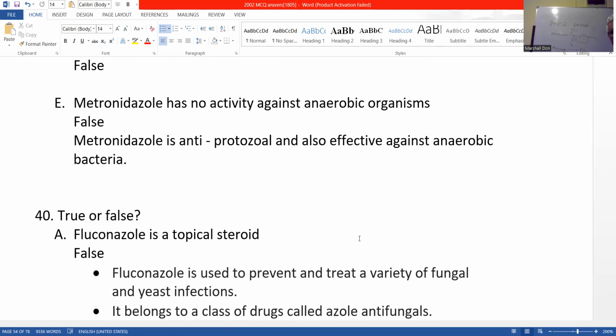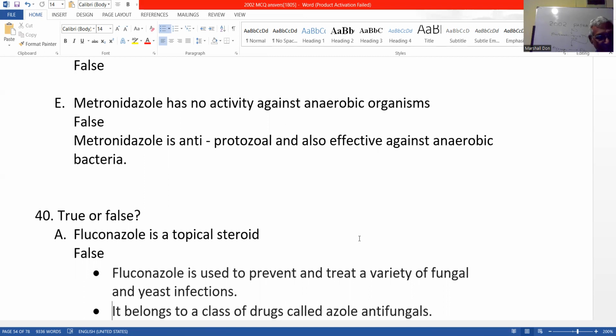And also, the other one is anaerobic bacteria. Now, there are two kinds of bacteria, actually three kinds. One is aerobic, they need oxygen to grow. Then another group of bacteria, they are called strict anaerobes. They cannot grow in presence of oxygen.